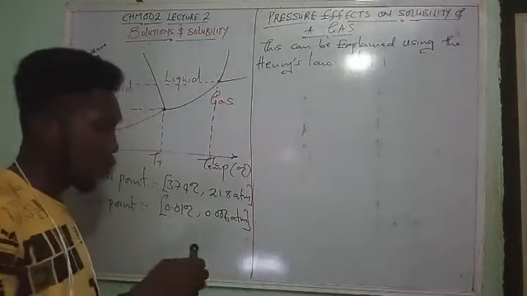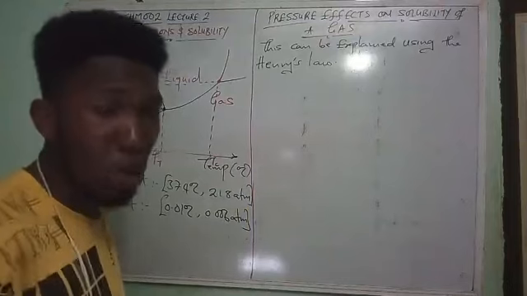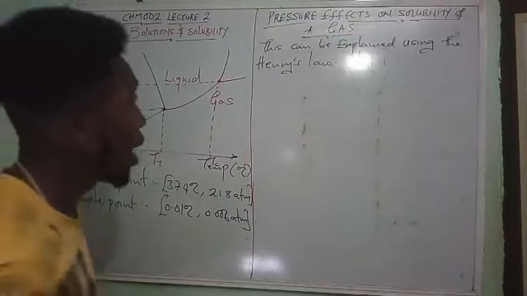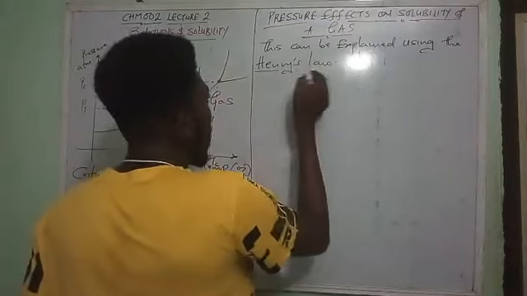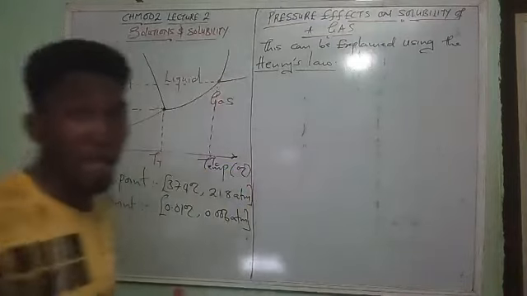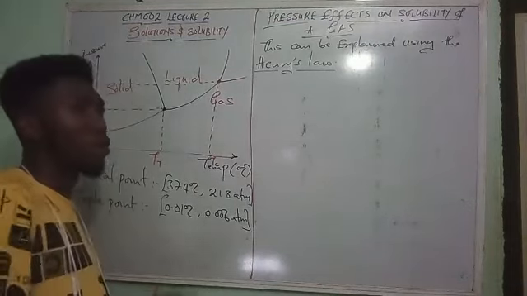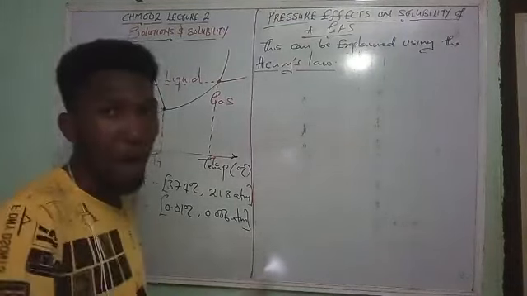And what does Henry's law state? It states that the solubility of a gas is directly proportional to the partial pressure. So that means when the partial pressure of that gas is high, the solubility of that gas will be high. The solubility of a gas is directly proportional to the partial pressure of that gas over the solution.